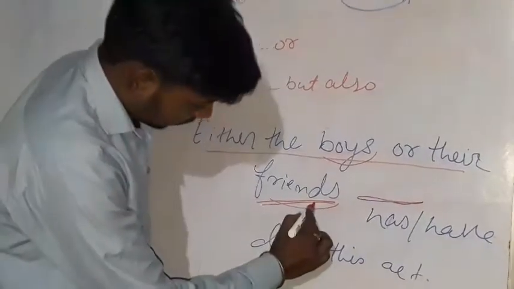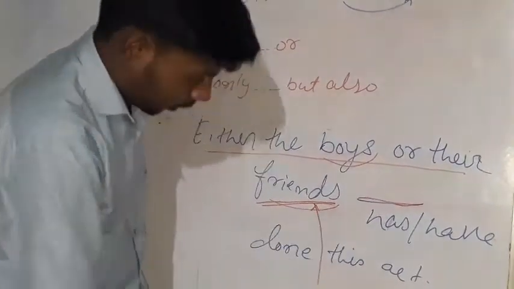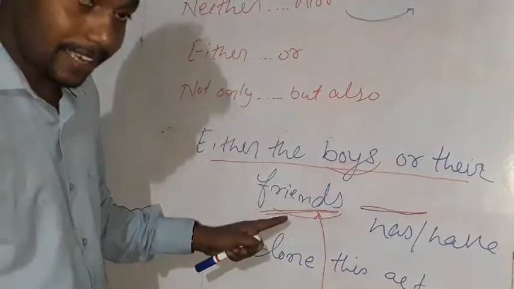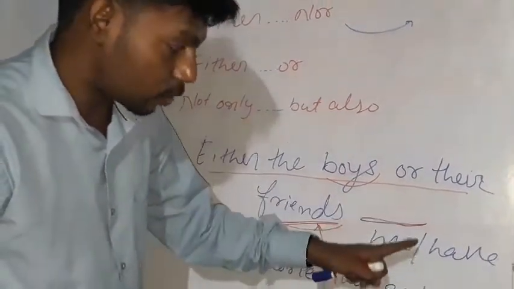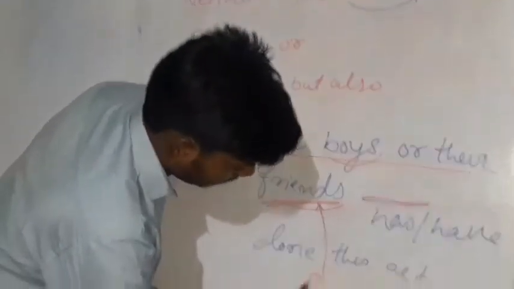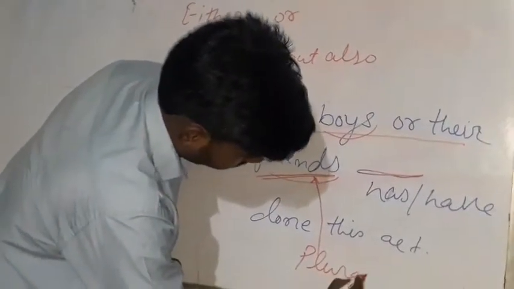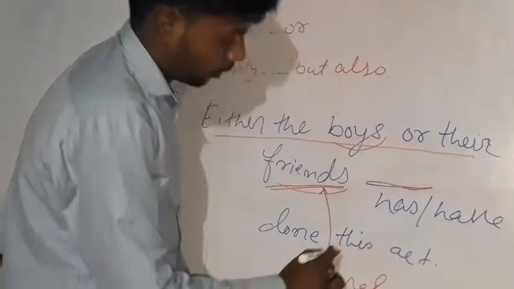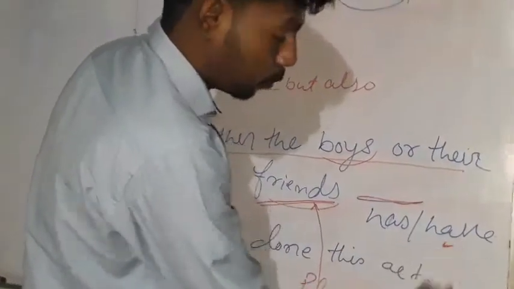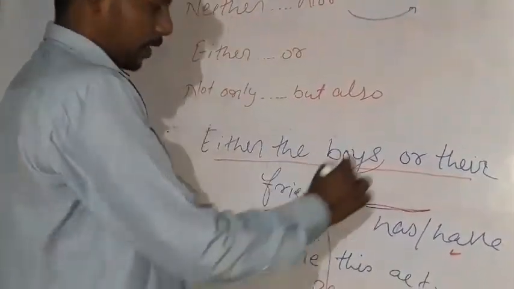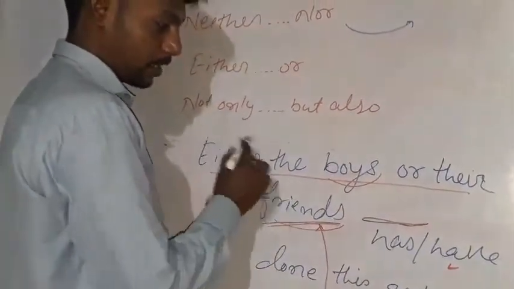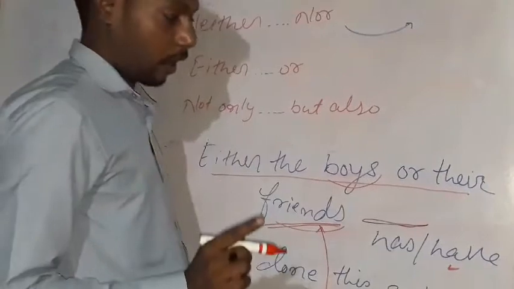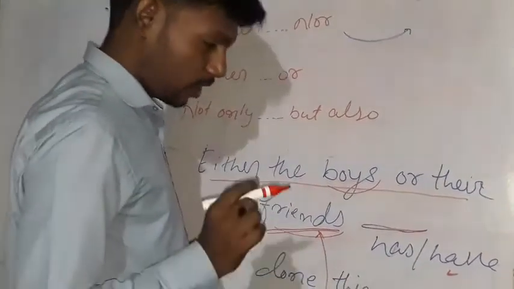So see, this word is plural, hence have is suitable, because have is a plural verb. If this word is plural, the subject of this sentence becomes plural or acts as a plural subject.